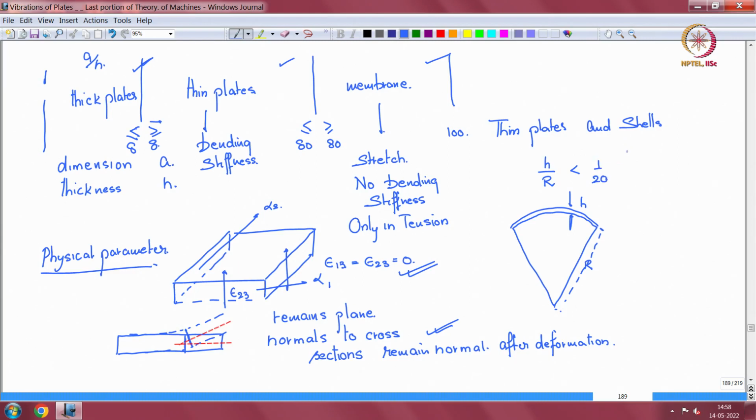That is also a criterion for thin shells. Here also the vertical shear strain will be 0 and these phenomena will hold. Okay. So, that is important to know. Thank you.